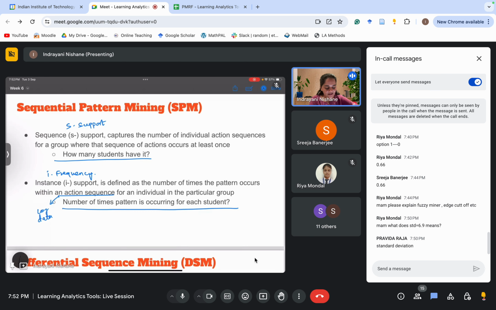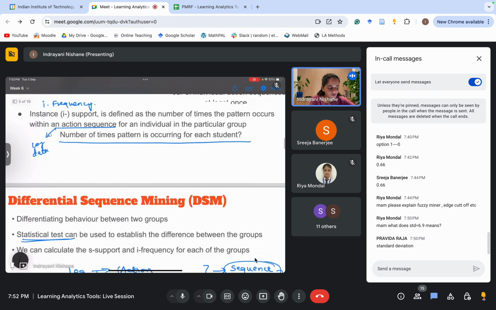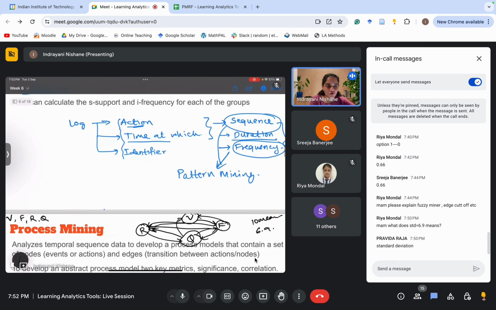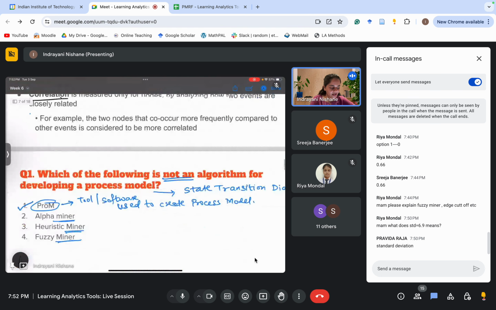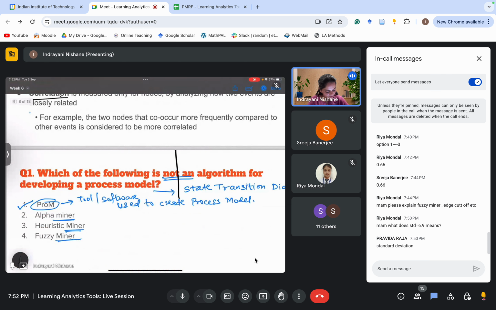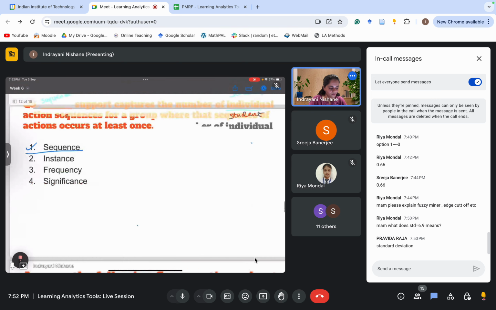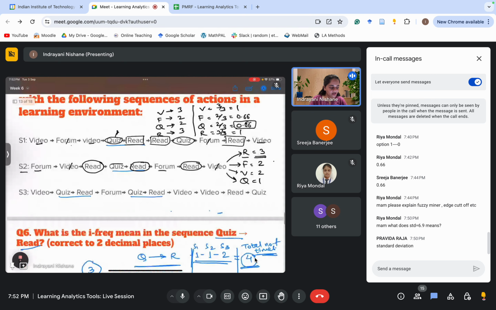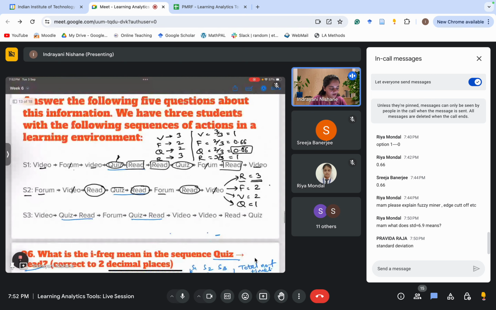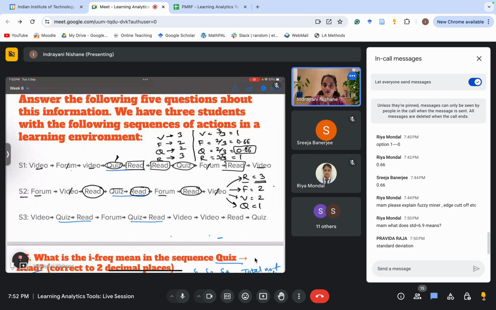S support, S is for students, so how many students are having it, and I frequency is nothing but the frequency of that particular pattern for each student. So these definitions we will use to calculate the S support and I frequency when we are doing this kind of problems. Generally S support and I frequency we will calculate for the entire log data.